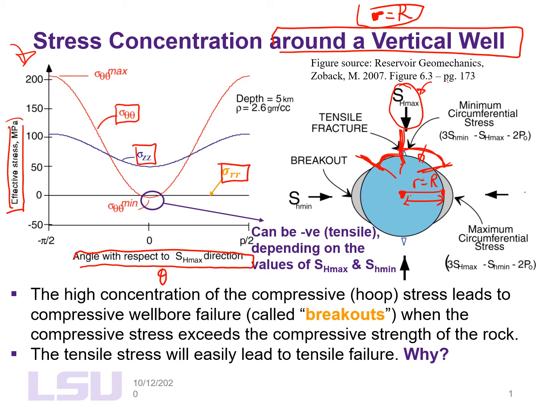So we are plotting theta starting from a value of 0, meaning you are in the direction of the azimuth of SH max. You start out from that point 0, and the angle is increasing. At this point, what's the angle? It's 90 degrees. What's 90 degrees in pi radians?